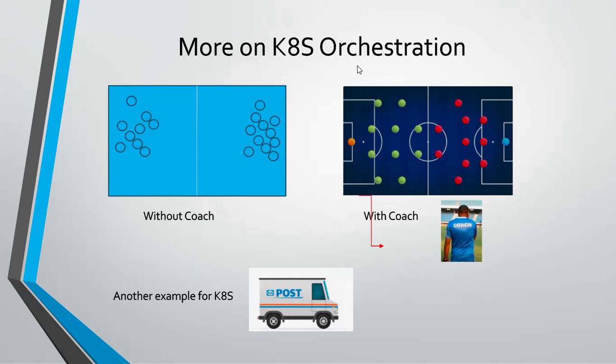Another good example: when you are deploying your applications or microservices to Kubernetes, you can compare it with the post. Whenever you are sending a document or any product from one place to another, you will post it. You just enter the address on the courier or on a cover, right?